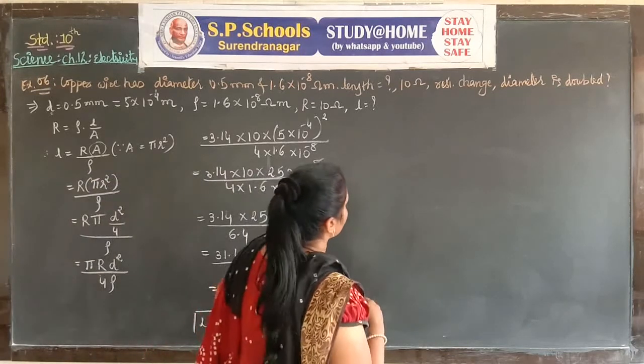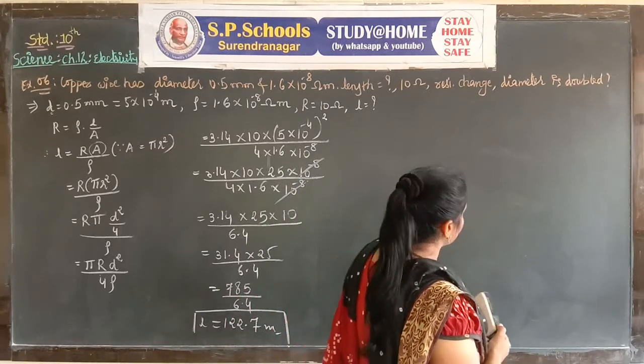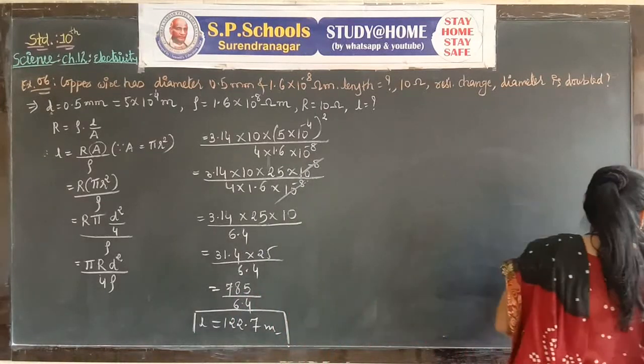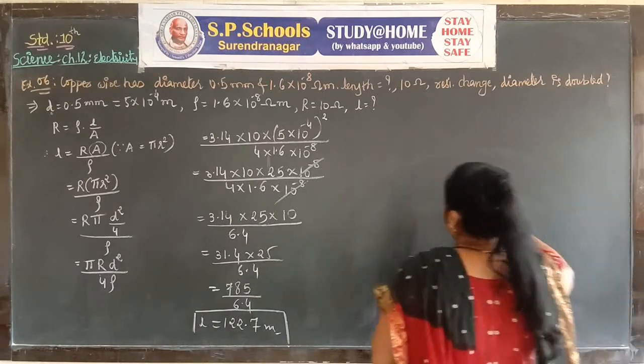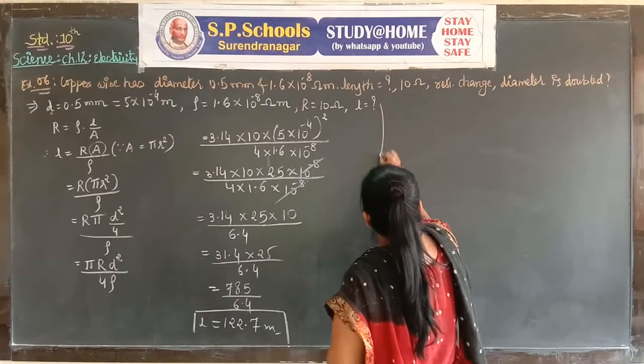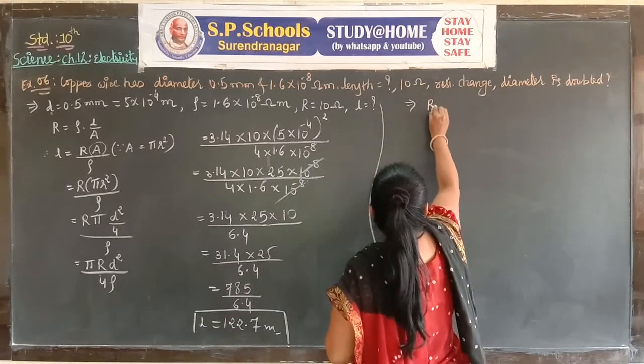And the question continues. If the diameter is doubled, how does the resistance change? In the second part, we also first write the formula.